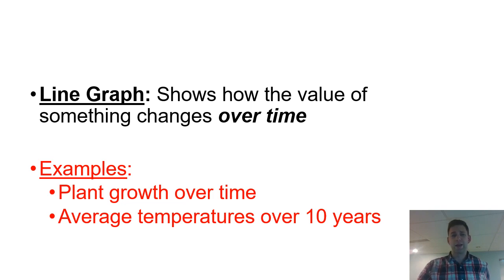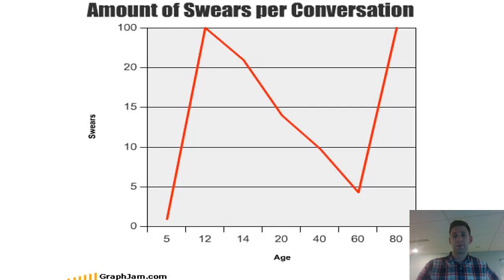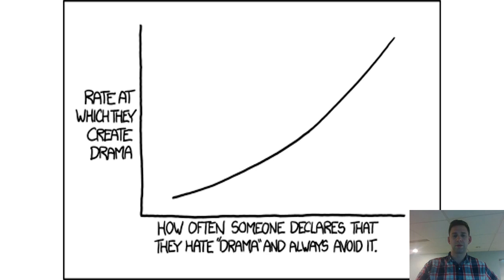If you were tracking the average temperatures of planet Earth over 10 years, a line graph would work. Here we have time being the age of someone from 0 to 80, and the dependent variable being measured on the y, how often they swear. I agree.